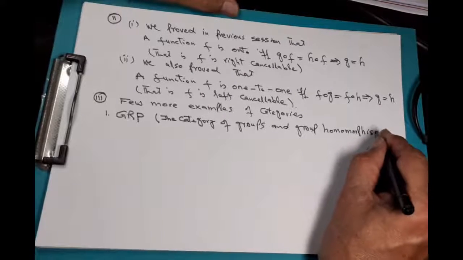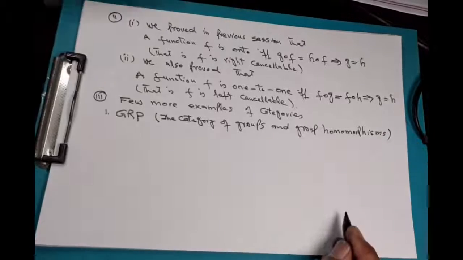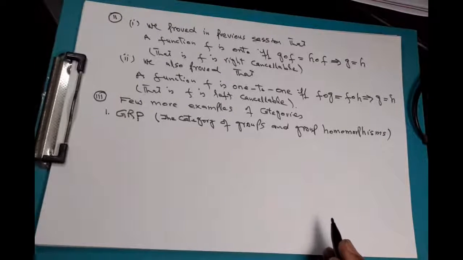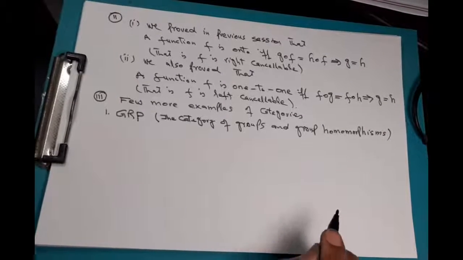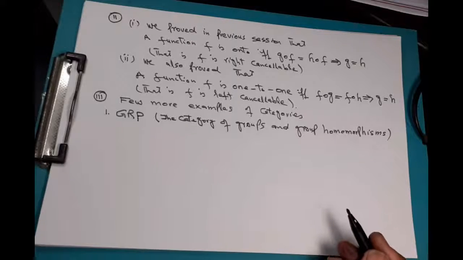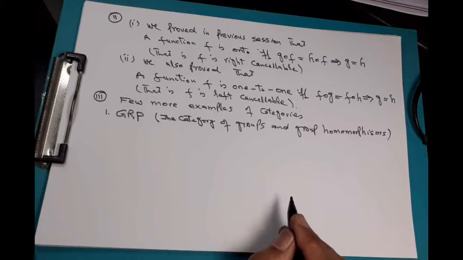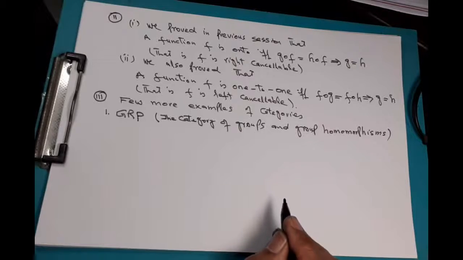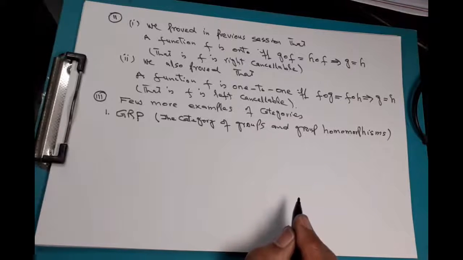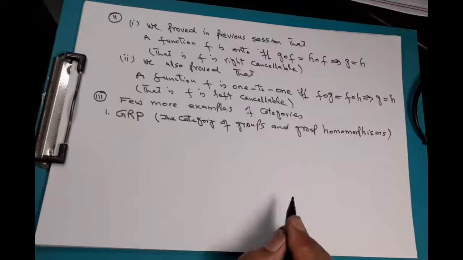Note that when we were discussing the category of sets, we had sets and functions between sets. Now we are going to discuss the category of groups. So this will be a collection of groups, and for two groups, the group homomorphisms from the first group to the second group.